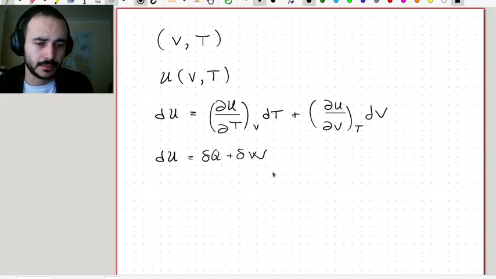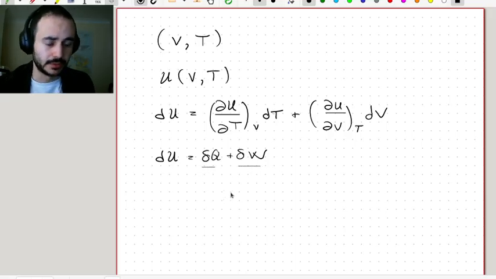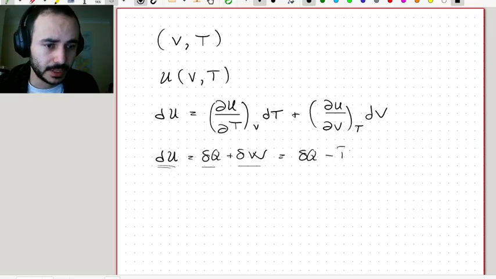If I choose to break du into reversible heat and reversible work, and again I emphasize this is a choice that I make, I can always write this as delta q minus pdV.